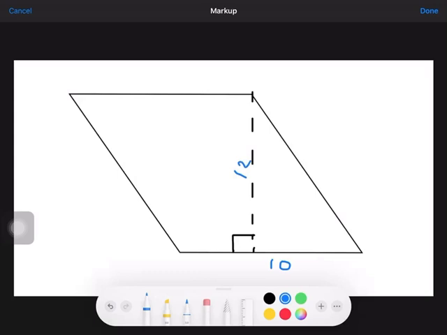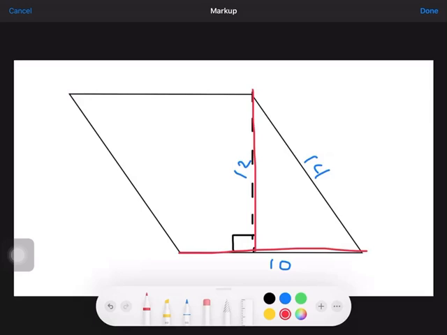I could also give you more information and say that this line right here is 14. But I cannot use that line because it does not form a 90-degree angle to my base. I have to have a 90-degree angle between my base and my height in order to use them for my formula.